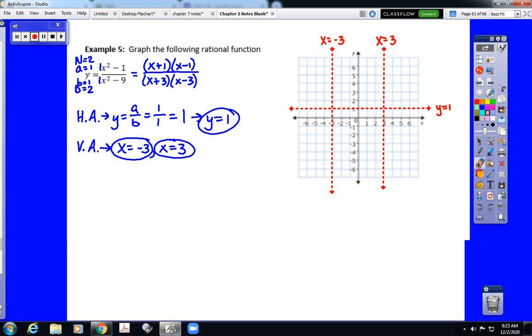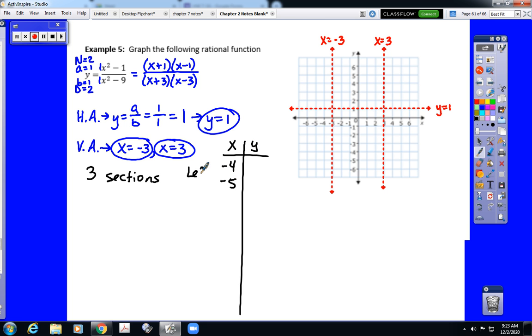Okay, so that means that we have 3 sections again. So we need to pick 2 points from the left section. Let's go with -4 and -5 from the left section.